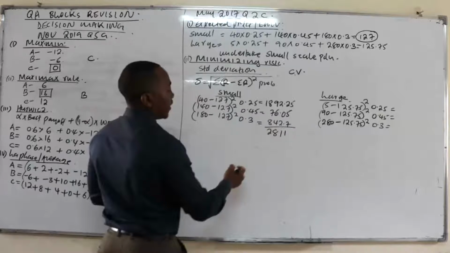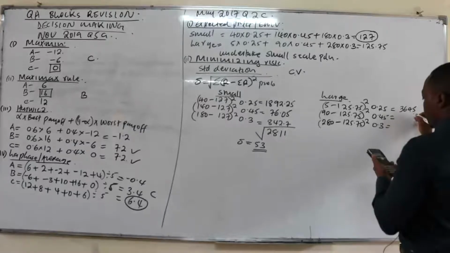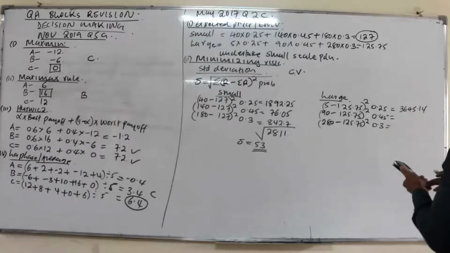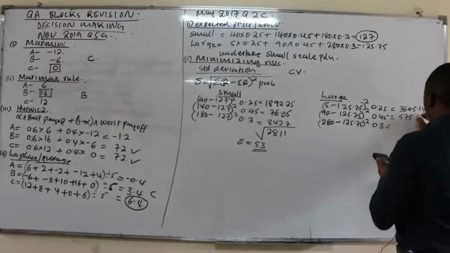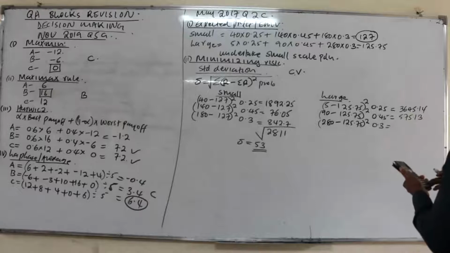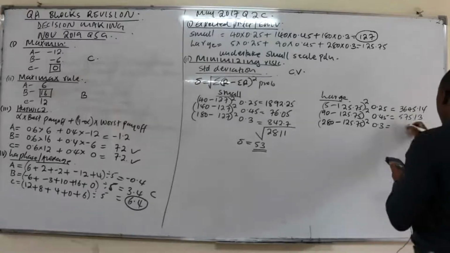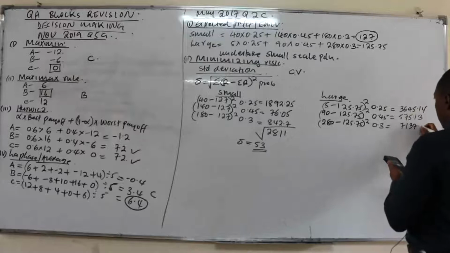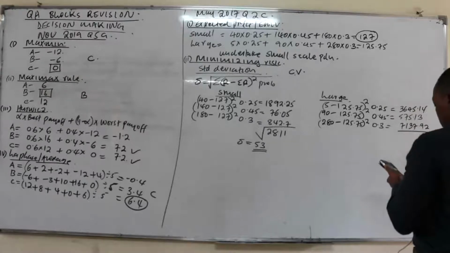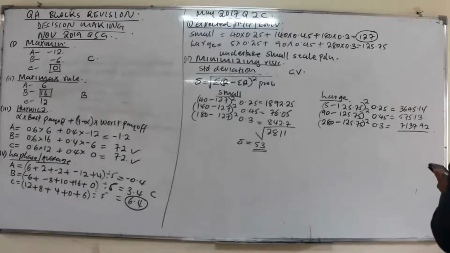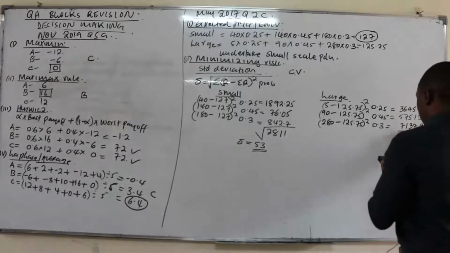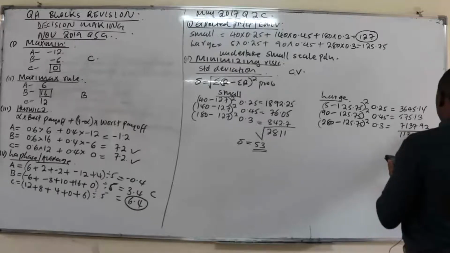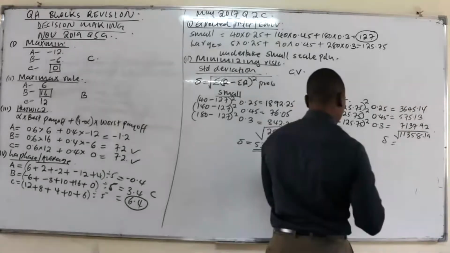So you have 36.45. Then once you get the total, you get the square root.